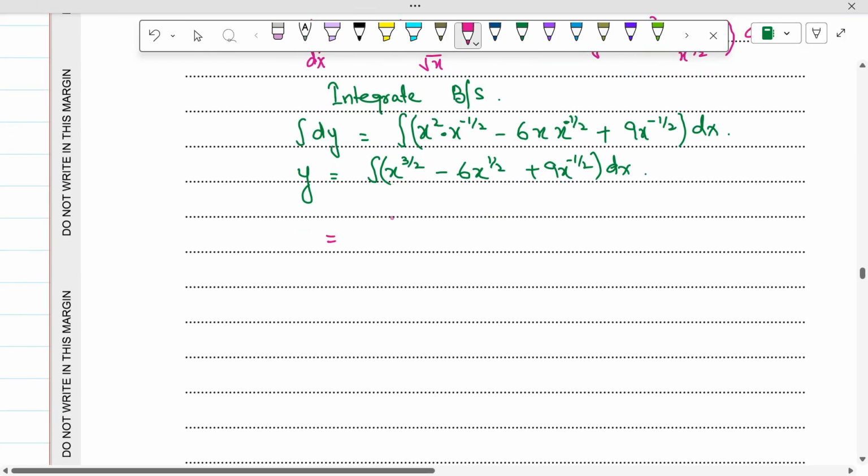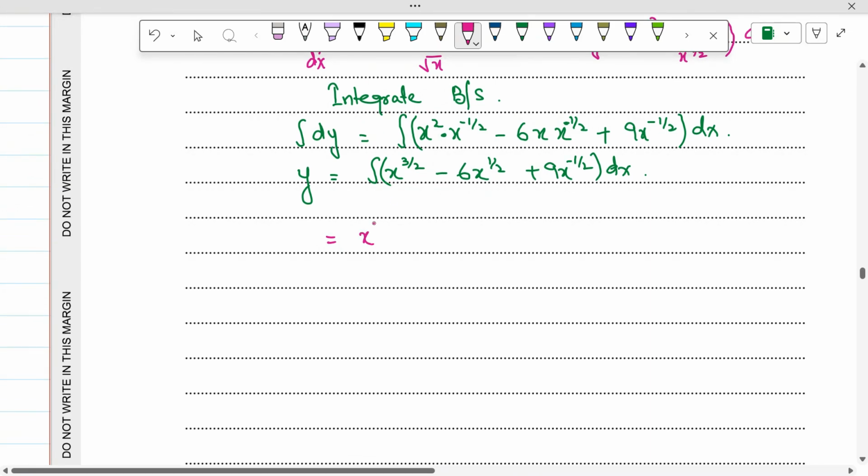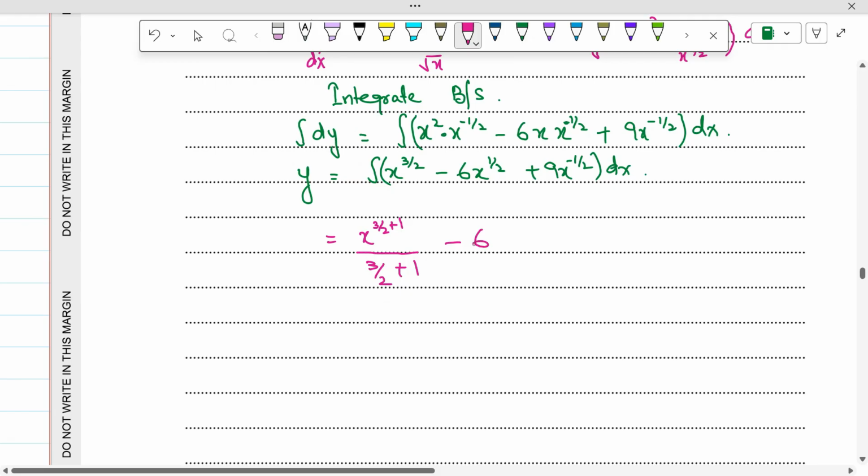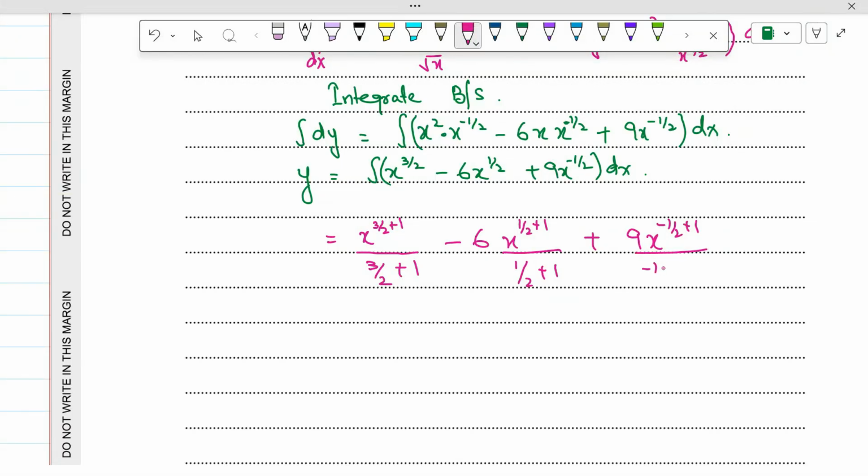Now we integrate. The integration of x to the power of 3 by 2 is x to the power of (3 by 2 plus 1) over the power, which is 3 by 2 plus 1, minus 6 x to the power of (half plus 1) over half plus 1, plus 9 x to the power of (negative half plus 1) over negative half plus 1, plus c.